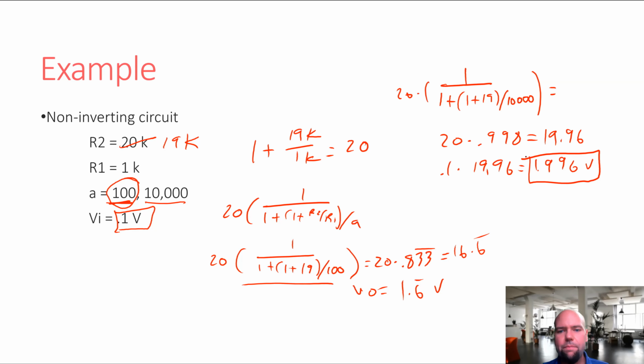So big difference. There's a big difference now between using an amplifier with a gain of 100 and using an amplifier with a gain of 10,000. So 10,000 gets very close to the ideal case of a gain of 20, whereas 100 is not that great.